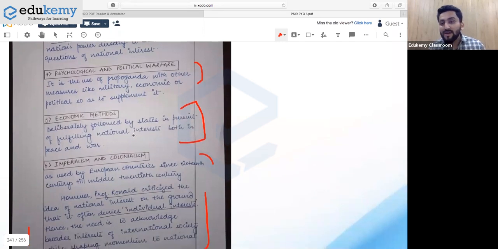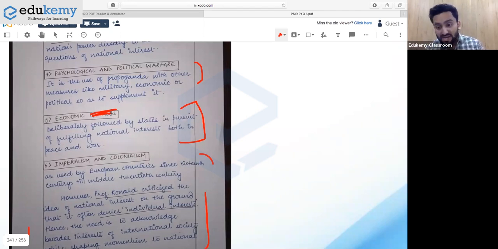Then within economic methods, you should write economic instruments. Just say economic, because you have already written instrument above. Within this, there are different methods. For example, one is granting aid. Another is a cheap credit line, or you can say line of credit.